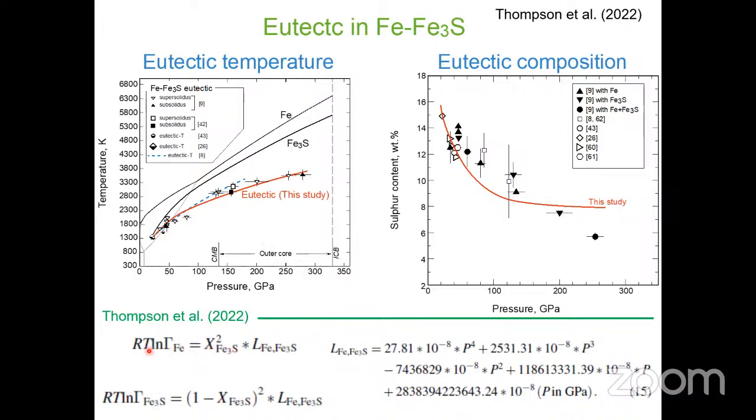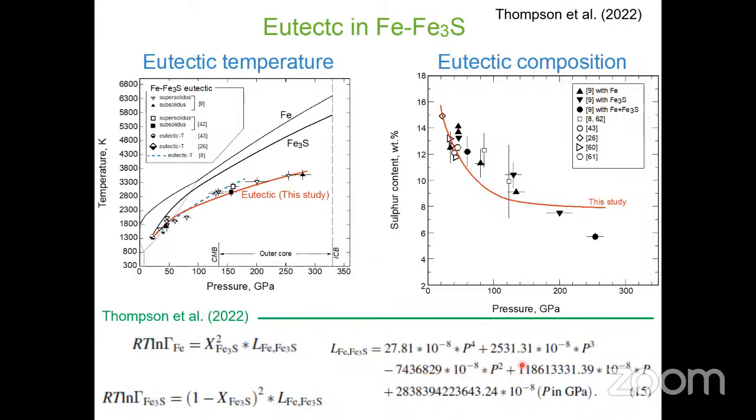This is RT and gamma. This is a capital letter, but the same. This is the activity coefficient gamma for iron and Fe3S, and they are functions of mole fraction and interaction parameter L. L is a function of pressure, and we fitted this function to reproduce these experimental data. And this is the resulting L parameter as a function of P.